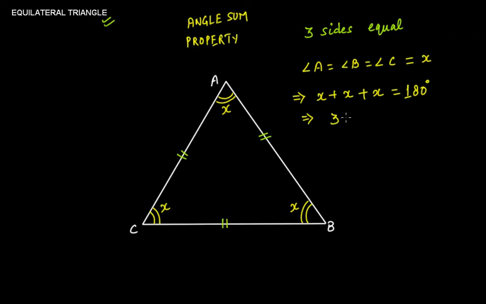This means 3 times x is equal to 180 degree. It means x is equal to 180 degree divided by 3. It means x is equal to 60 degree. So the angles will be 60 degree each.